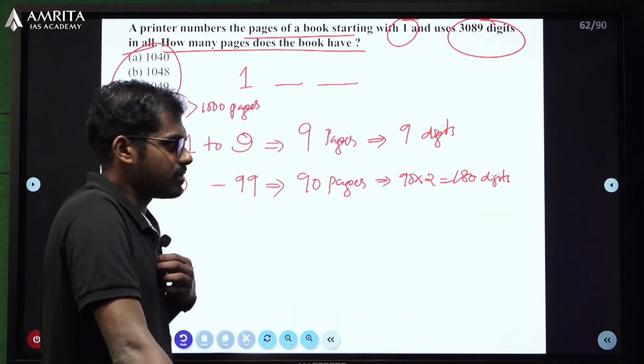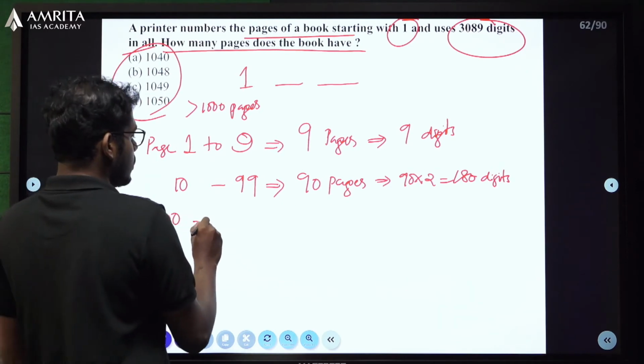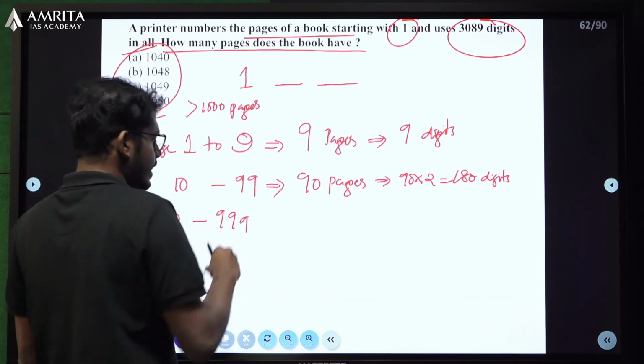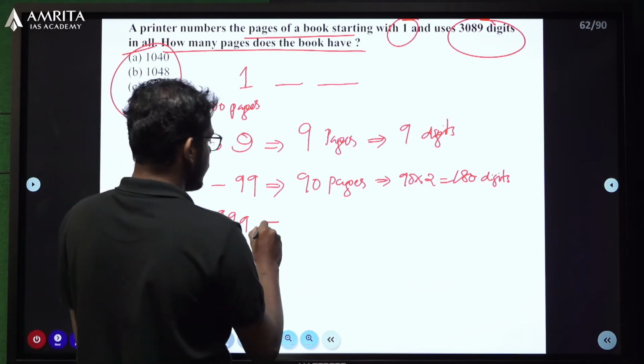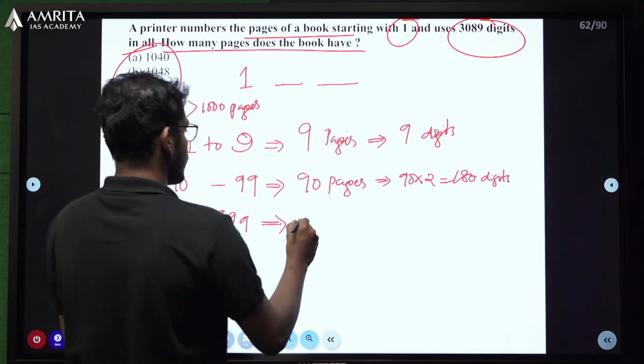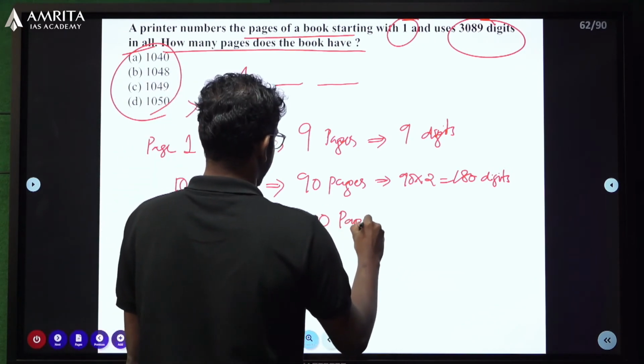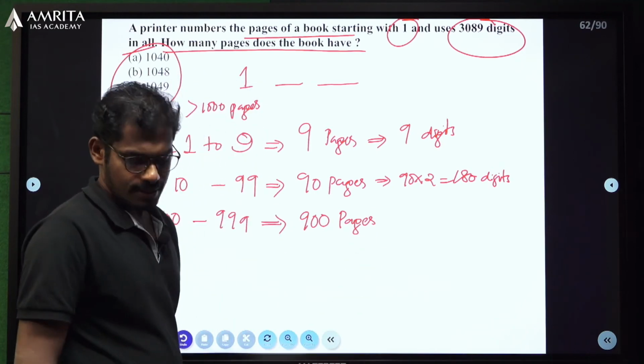180 digits. Clear? Okay. From page 100 to 999, how many pages are there? There are 900 pages. Clear?